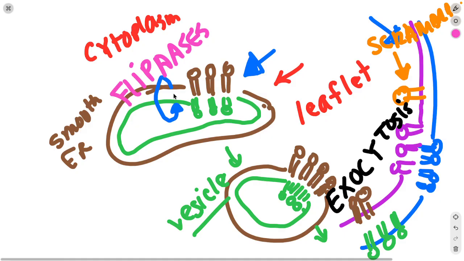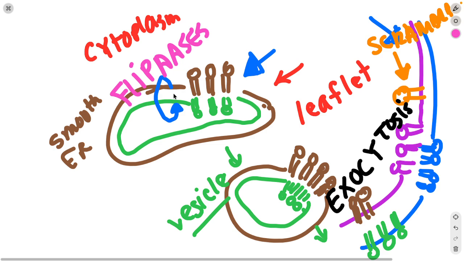And their role is to flip newly synthesized phospholipids, if necessary, to say, oh, you're a phospholipid that needs to be on the outer leaflet of the cell membrane. Well, I'm going to flip you in the smooth ER. There's some of that flipping back and forth out here too.